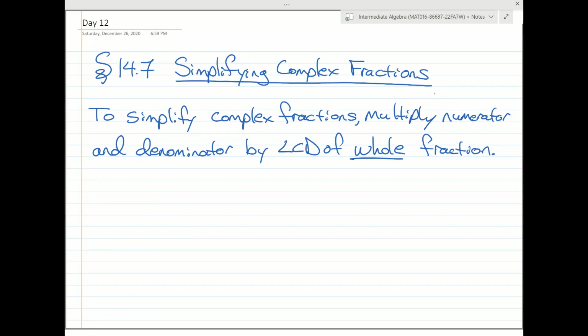And then we reduce. I'll show you what I'm talking about.